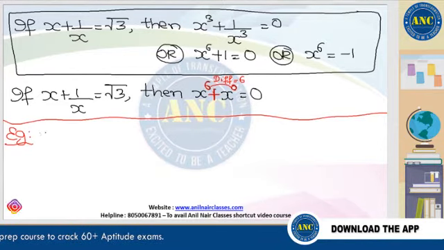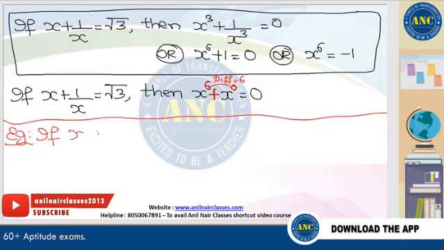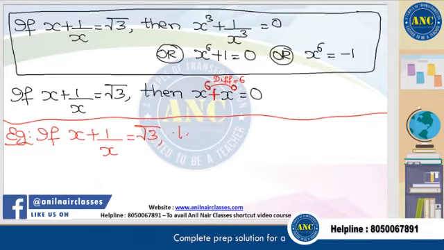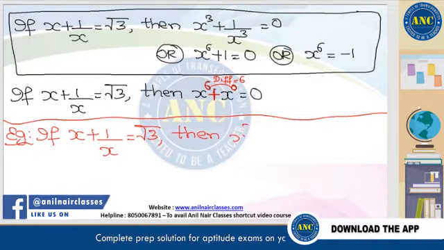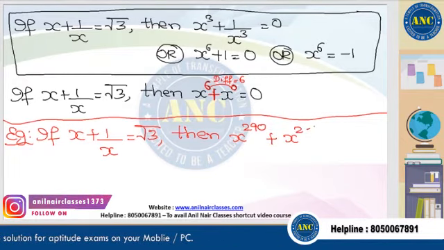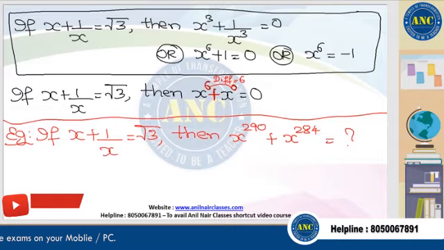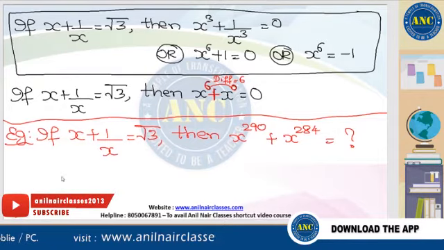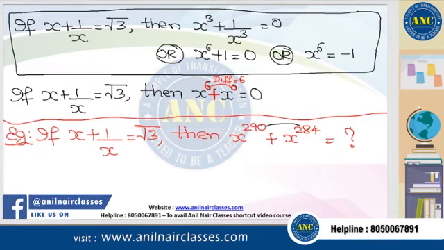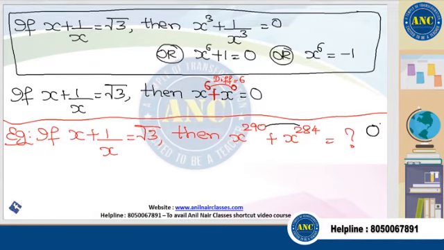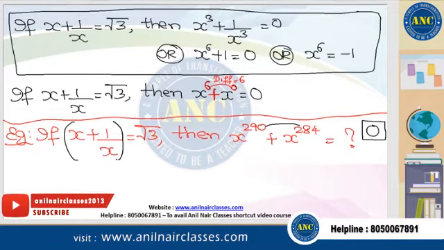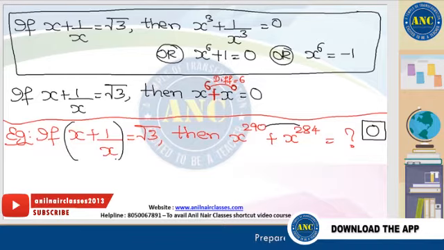If x plus 1 by x is equal to root 3, then find the value of x power 290 plus x power 284. I need to find this value. It is very easy for us to say 0, because for 290 and 284 the difference between the powers is 6. Because the difference between the powers is 6, and because the x plus 1 by x value is given in the question as root 3, the answer for this question is 0.